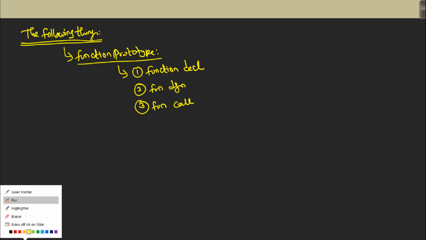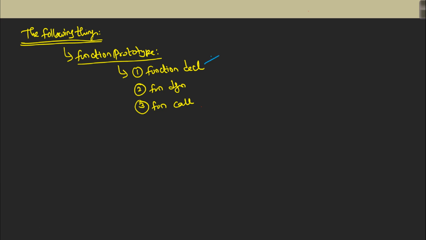Function declaration, you are telling the compiler that I am going to use this function. Function definition, you are telling the process that is taking place with respect to the function, the set of lines of code that is working with respect to the function.